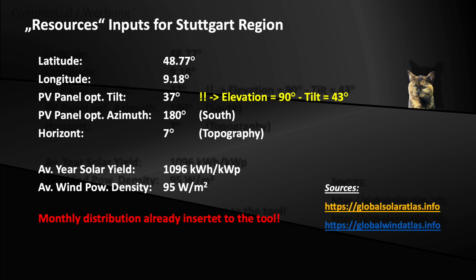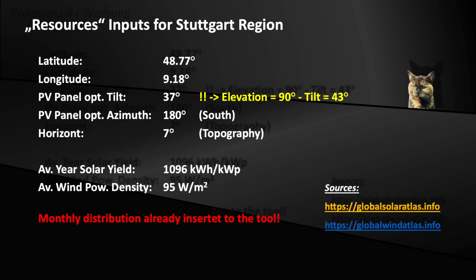The given tilt angle is between the horizontal plane and the panel, while the elevation angle defined for the tool is between a perpendicular axis to the panel against the horizontal plane. Keep that definition in mind in order to avoid confusion.